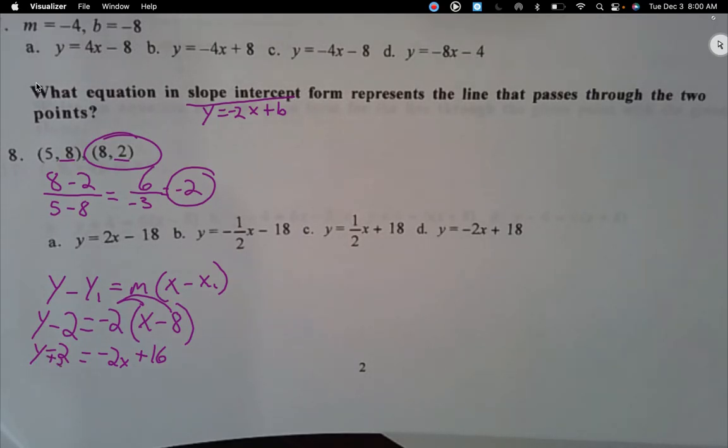Add it. So I get y equals -2x plus 18. Isn't that the answer we thought it was going to be? That's the only one with that slope. So by process of elimination, you can get that answer.